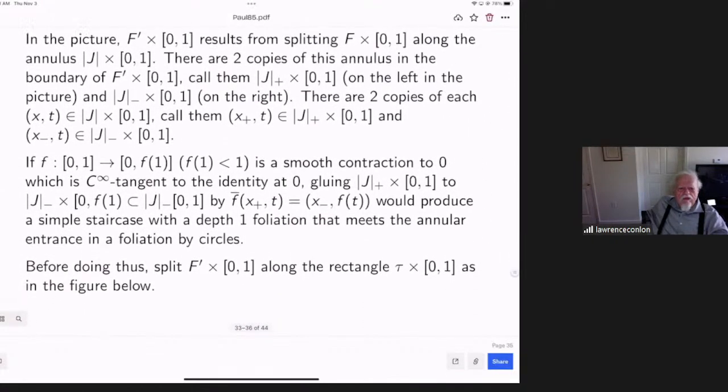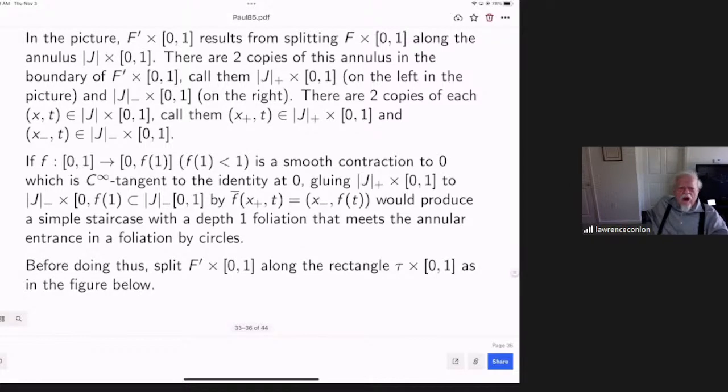Now in the picture, F prime results from splitting, as I've said. What is new here? If we had just re-glued by F bar, we'd get the Nishimori foliation and the entrance to the staircase wouldn't be properly foliated.